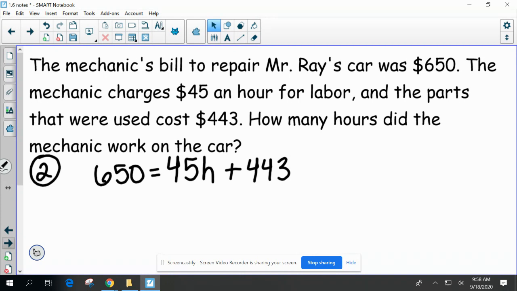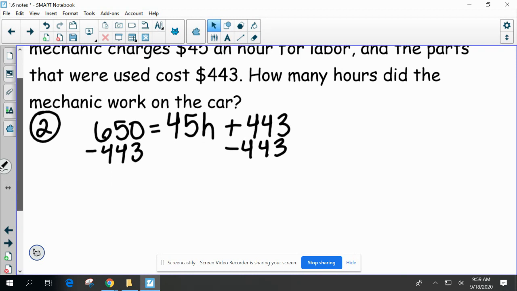And then I need to start solving. So I'm going to add or subtract first. Subtract. So I'm going to subtract 443 from both sides. So I'm going to have 45H equals 207.